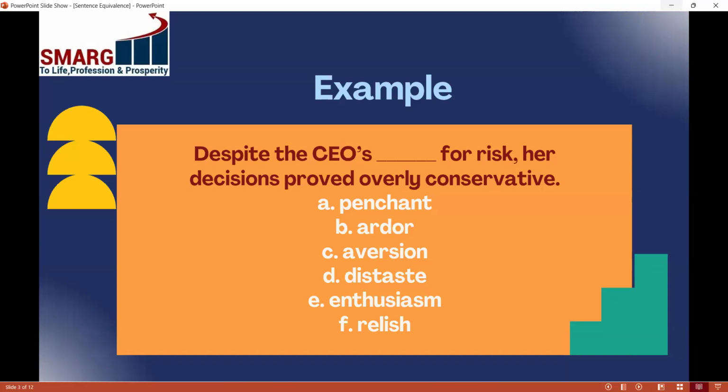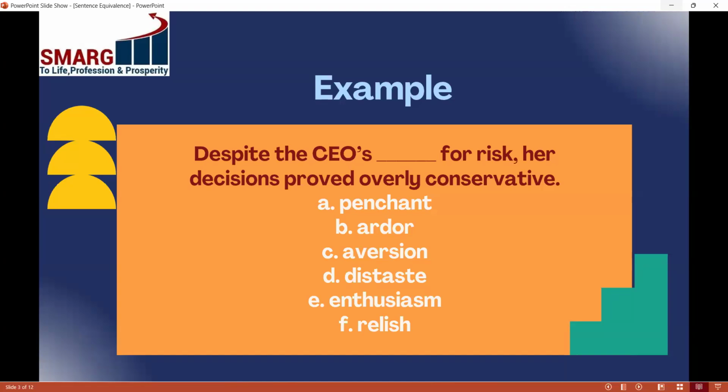So can I say that from the construction of the sentence, I can deduce that I have to choose something that talks about the CEO being a risk-loving person. Now we have to choose 2 words that signify that she enjoys risk. She needs to have the taste for it, that yes, I want to take that risk.